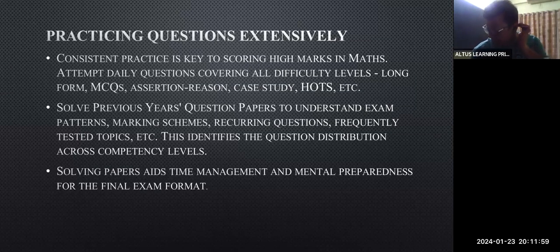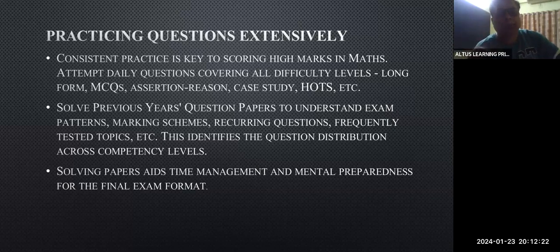Very important is time management. Some students may not be able to complete the paper because they are not managing the time. You have to practice papers in such a way that they are finished in 2 hours 40 minutes or 2 hours 45 minutes. If you write one paper every day, or even twice a day, we have enough time now.